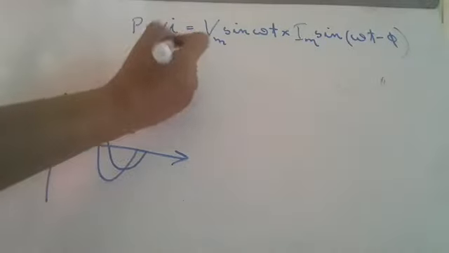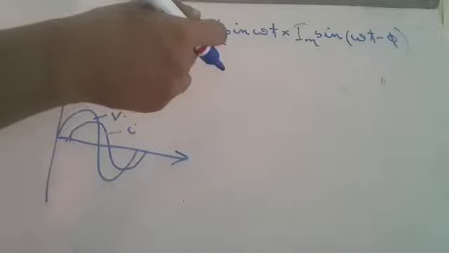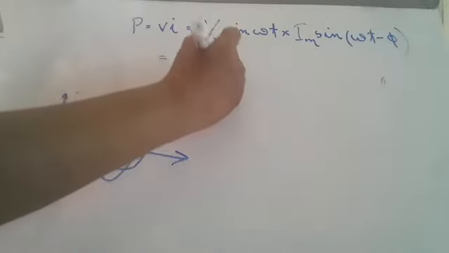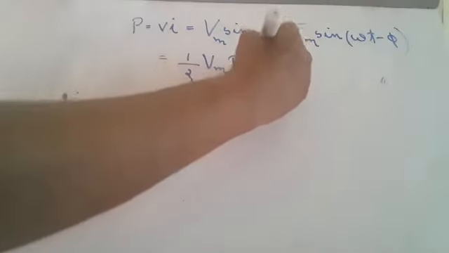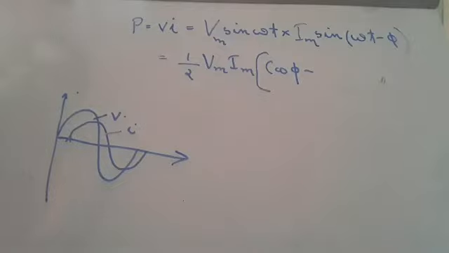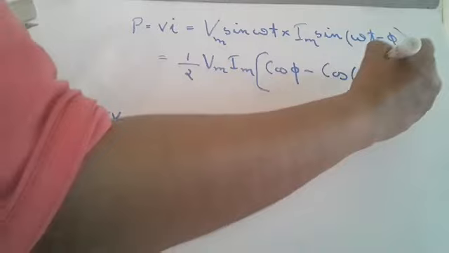If we solve this, we will get half Vm Im into cos phi minus cos of 2 omega t minus phi.